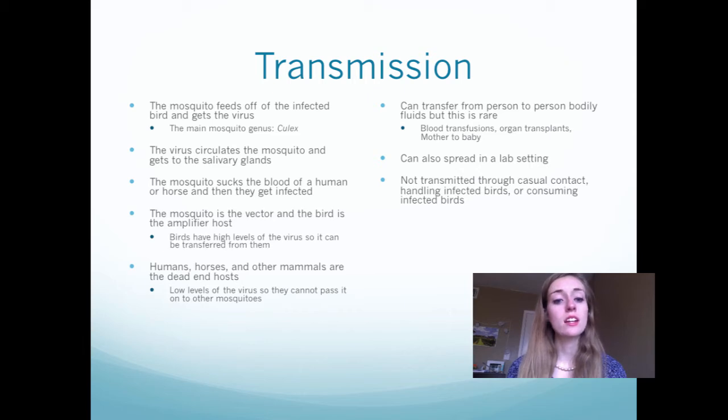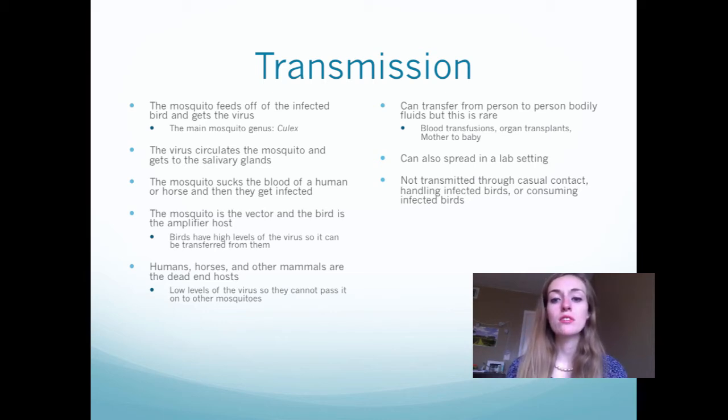The mosquito sucks the blood of a human or a horse, and then the human or horse gets infected. The mosquito is the vector, and the bird is the amplifier host. And an amplifier host has high levels of the virus, so it can be transferred from them. And humans, horses, and other mammals are the dead end hosts. So they have low levels of the virus, so they cannot pass it on to other mosquitoes.